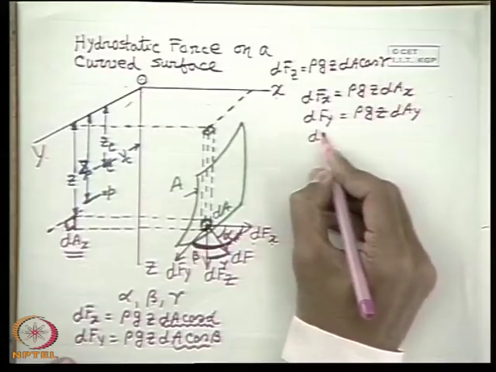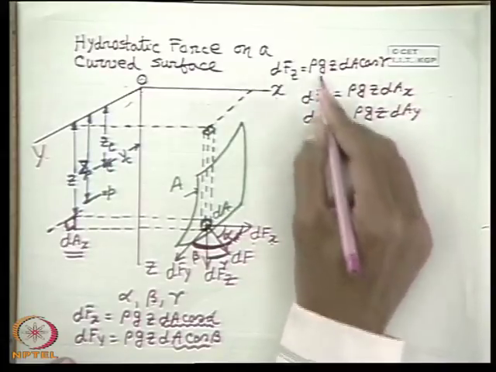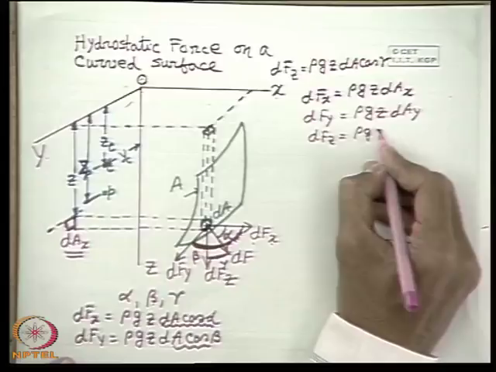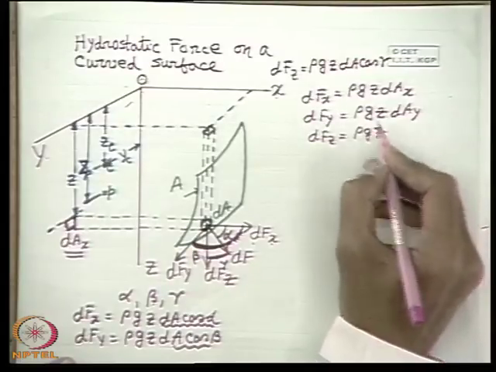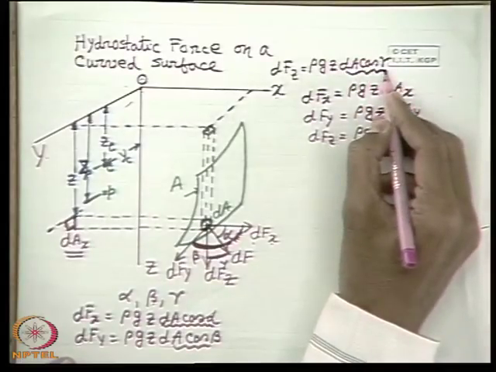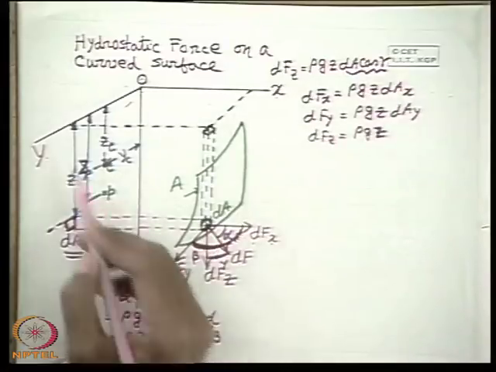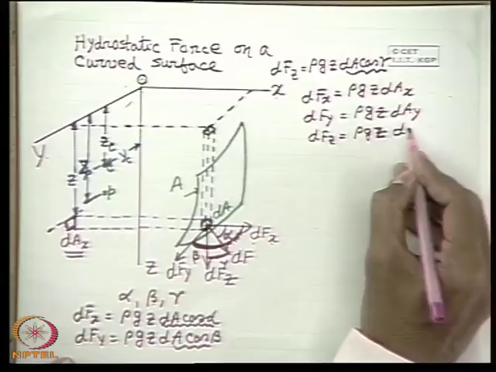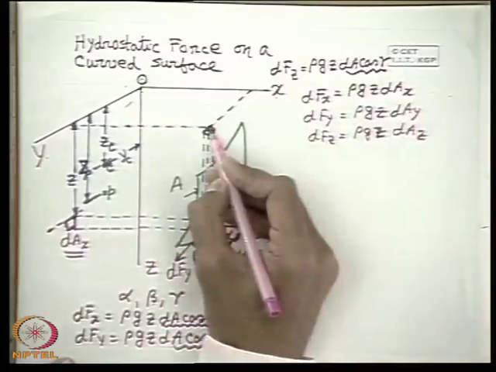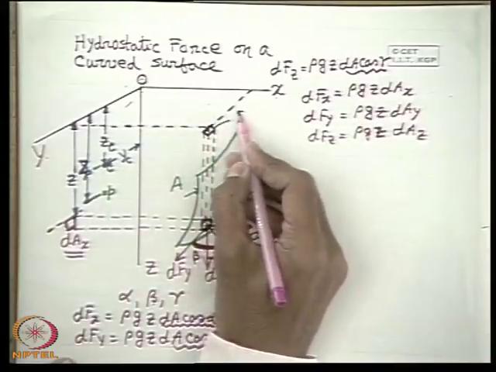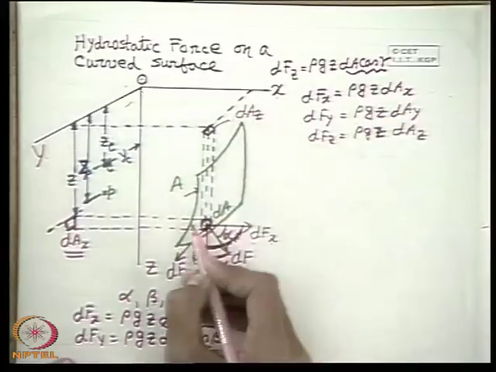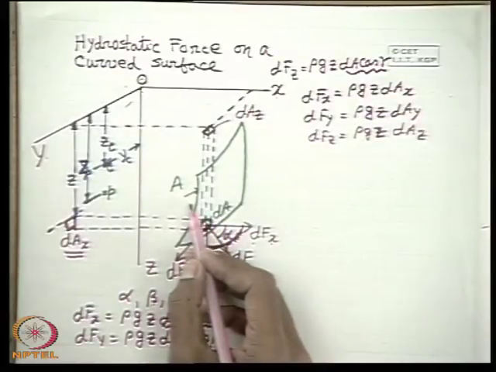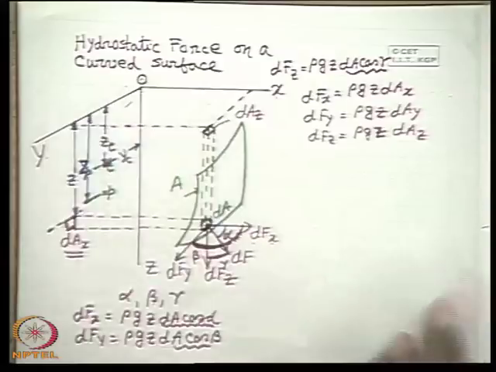And similarly dFz is rho g z times dA cos gamma, which is the projected area of dA on the xy plane, that means the plane perpendicular to the z direction, which is shown here. This area is dAz. The dAy area is not shown here, it is difficult to show on this two dimensional paper.